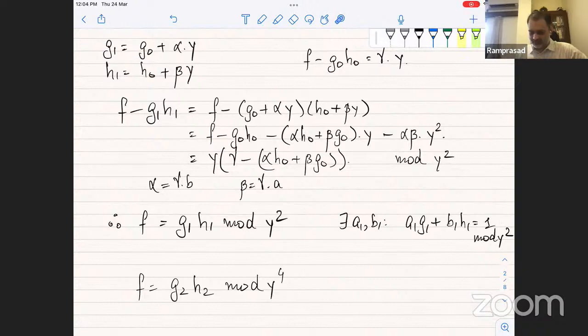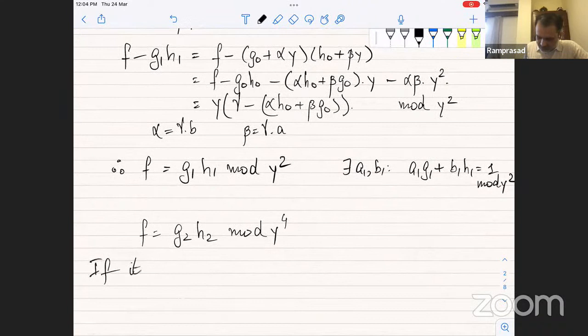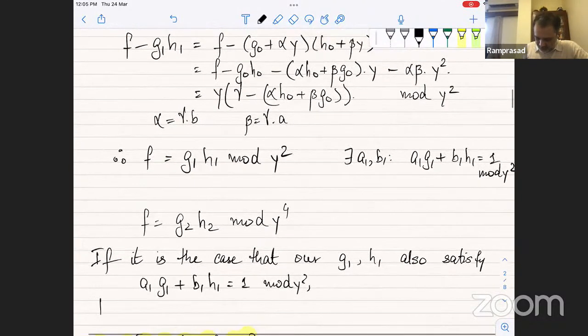Okay, so in order to apply this, what I want to say is that if it is the case that our g1 and h1 also satisfy that a1 g1 plus b1 h1 is equal to 1 mod y squared, then we can repeat this process.